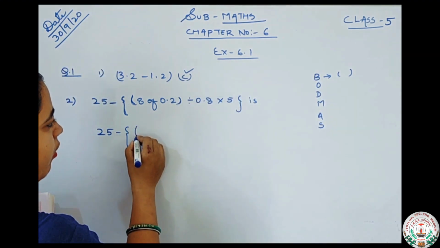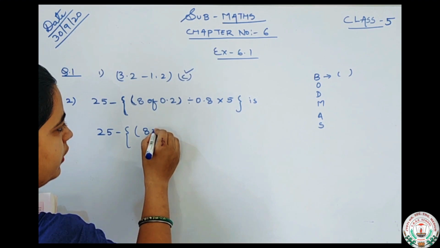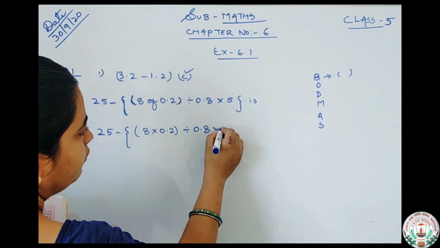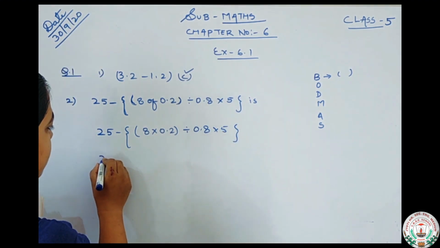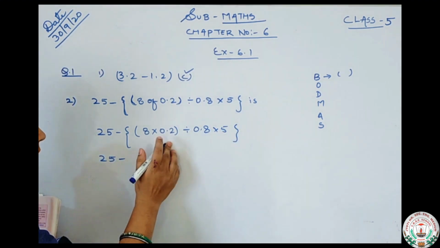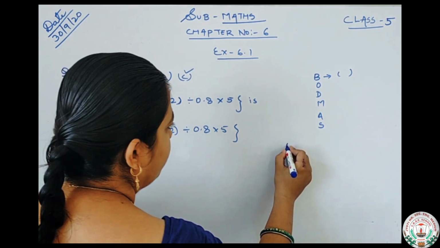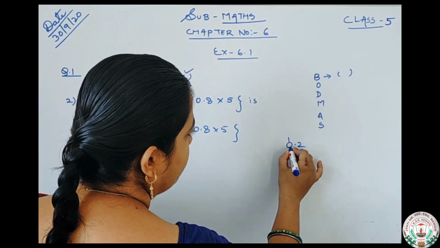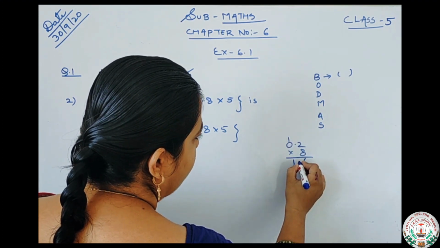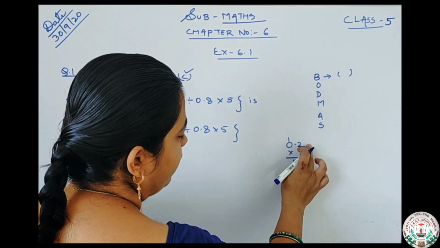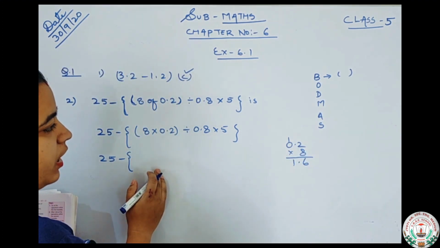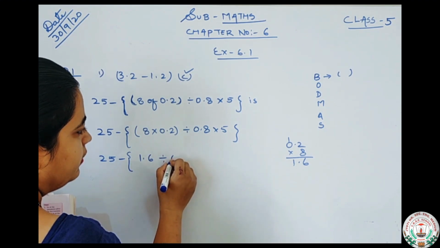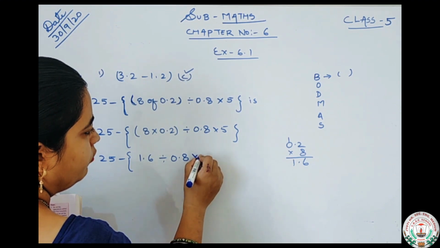Divided by 0.8 into 5, bracket close. 25 minus, just multiply this and we will open this bracket. 0.2 into 8: 8 twos are 16, carry 1, 8 zeros are 0 plus 1 is 1, and the decimal after one number, here also one number. So the answer is 1.6 divided by 0.8 into 5.